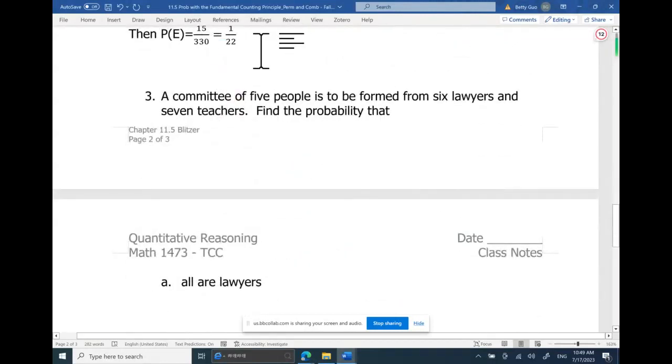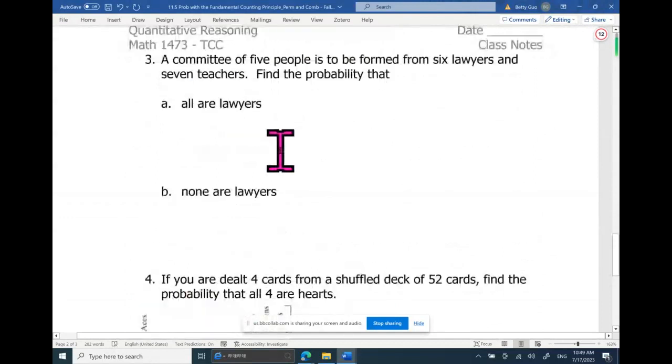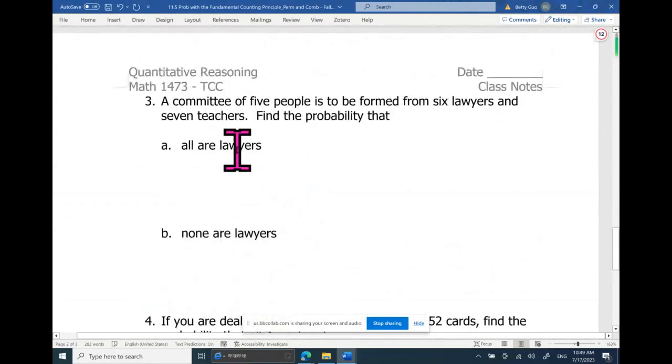Number 3. A committee of 5 people is to be formed from 6 lawyers and 7 teachers. Consider the task here: it is a combination problem, okay? The 5 people in the committee are a subgroup. You are going to select from how many people in total? 6 lawyers plus 7 teachers, 13 people in total.